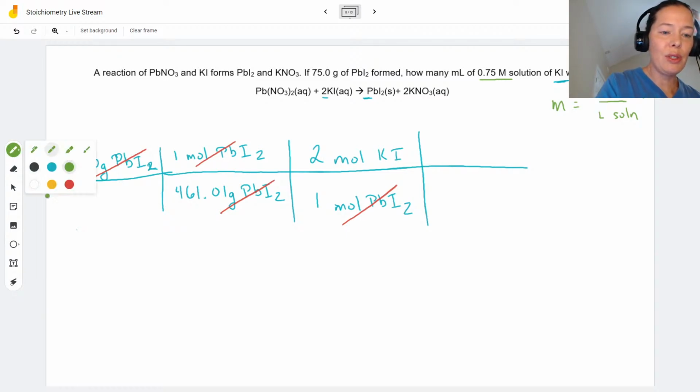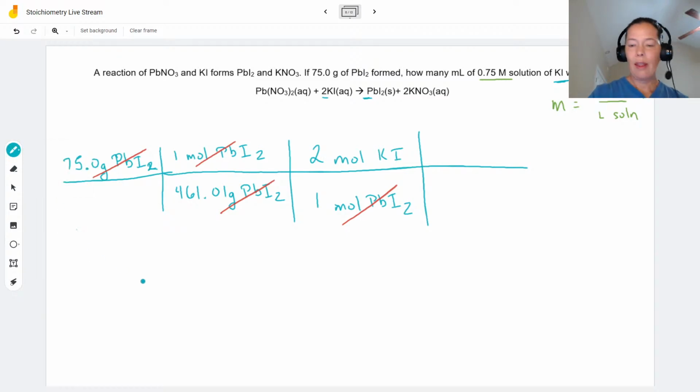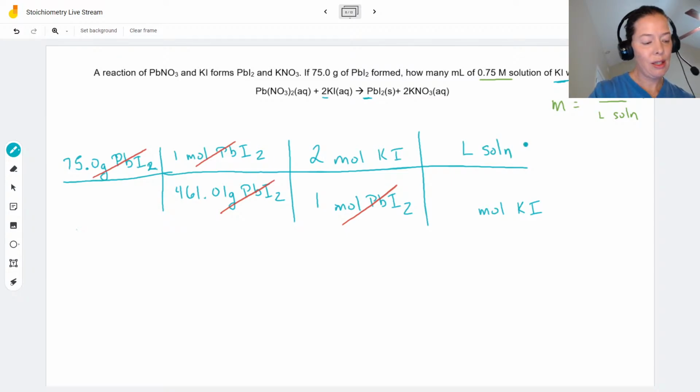So what I'm going to do is have my moles of potassium iodide in the denominator, which means my liters of solution go in the numerator, and now I just need numbers. Well, I was given 0.75, and that is going to be 0.75 moles of potassium iodide over 1 liter of solution.